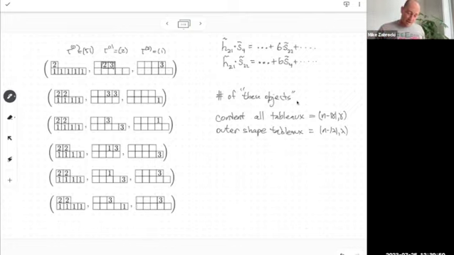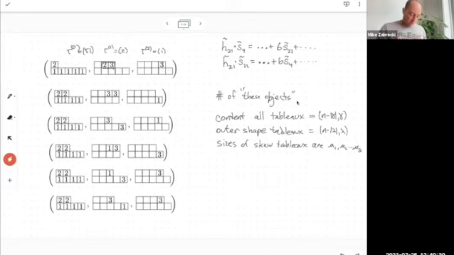And then the sizes of the skew tableau are mu 1, mu 2, and so on, mu L. So the object that I'm getting, oops, I wanted this to go here.